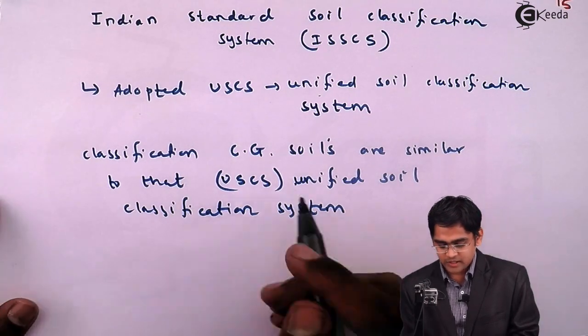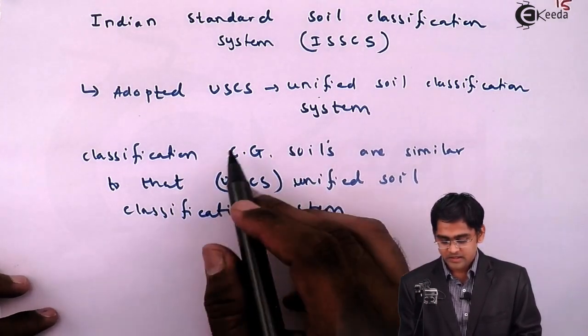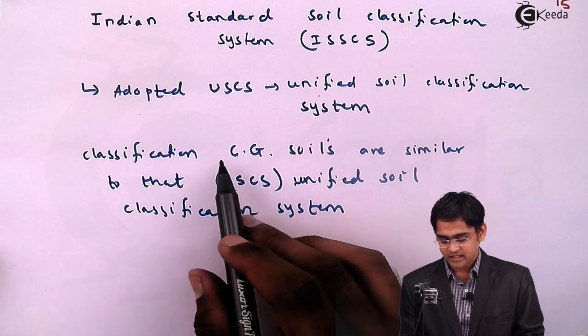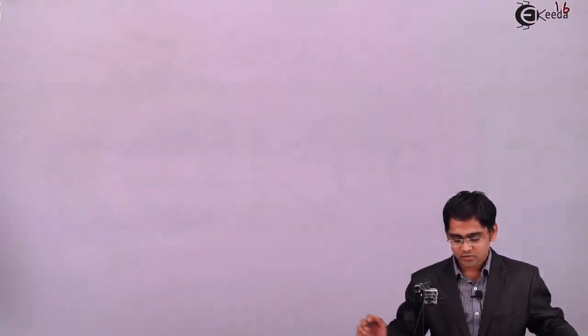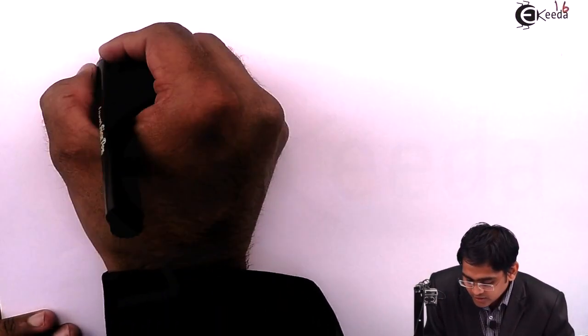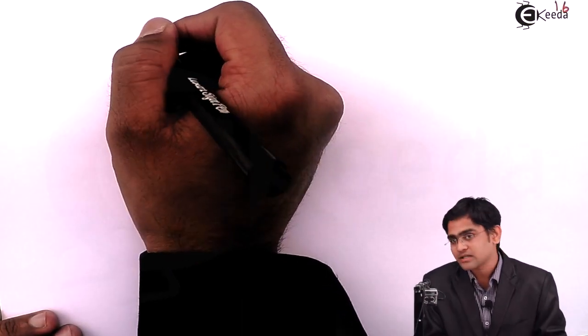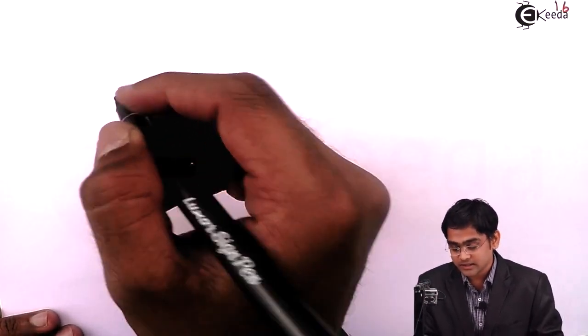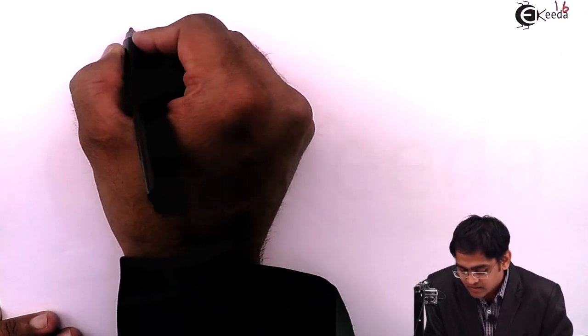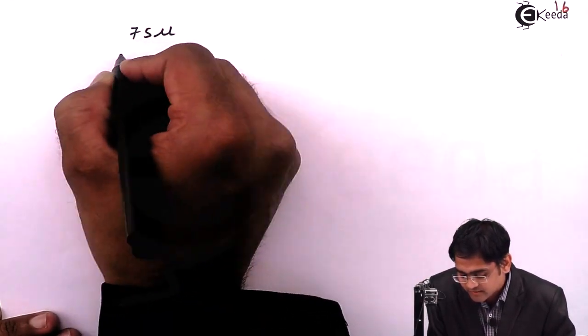In order to classify coarse-grained soil, you must be confirmed that the given soil is coarse-grained. So how to ensure the soil is coarse-grained? You need to sieve it through US sieve number 200. I'll just say 75 micron sieve.